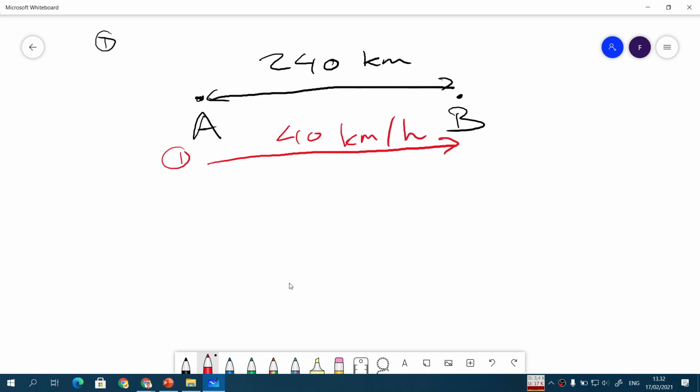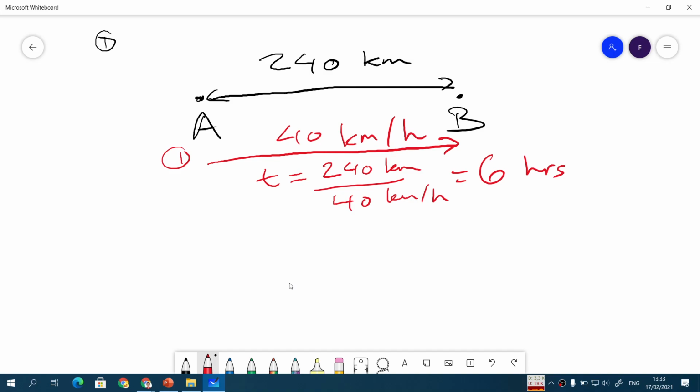So that means the time taken from A to B is 240 kilometers divided by 40 kilometers per hour, which is 6 hours. So from A to B, it took 6 hours, moving at 40 kilometers per hour.